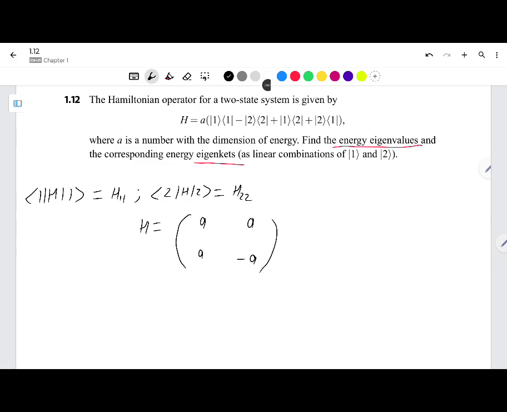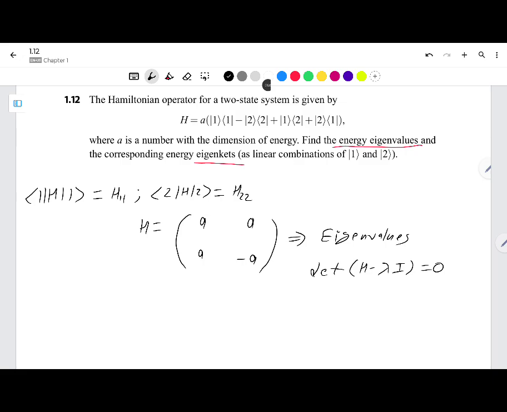And one can easily determine the eigenvalues and everything from this, from the well-known formula of determinant of H minus lambda I equals 0.